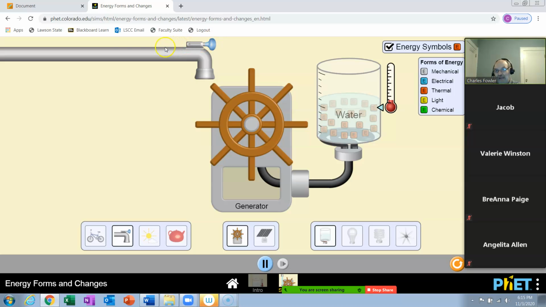So what's going to happen, water is going to come out here. What kind of energy is that water going to have? Okay, it is a liquid, but what kind of energy does it have? Mechanical, electrical, thermal, light, or chemical?